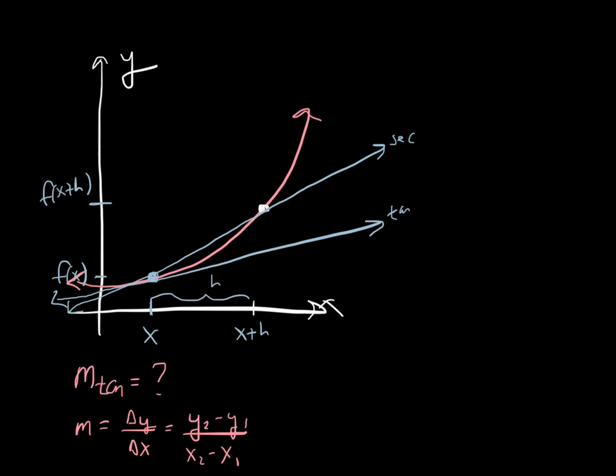So let's write that down somewhere, that the slope of the secant we know is change in y over change in x. So change in y, this distance here, over our change in x. So the change in y would be f of x plus h minus f of x.